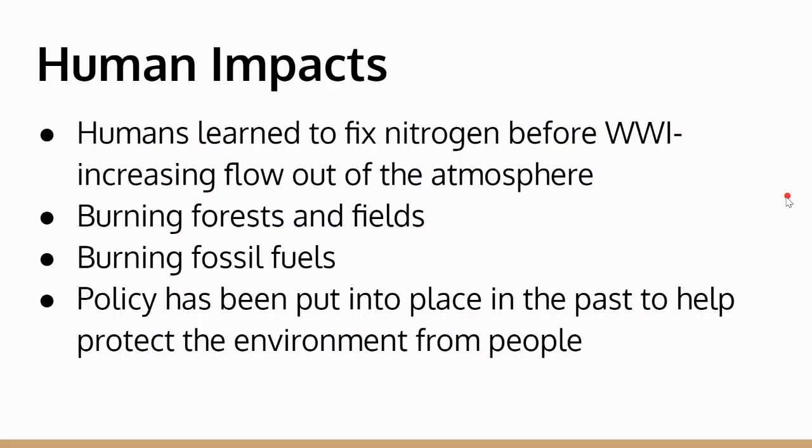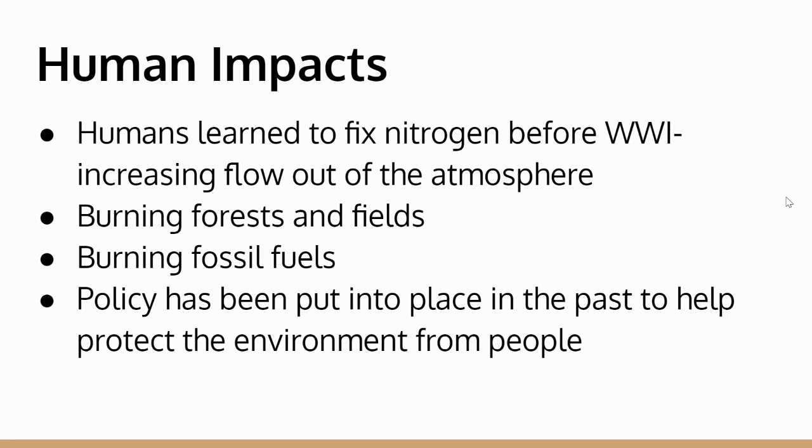So human beings do have an impact on the nitrogen cycle. Right before World War One, humans learned how to fix nitrogen. Before, the only things that could fix nitrogen were organisms that knew how to do it, the nitrogen fixing bacteria, but we were able to learn how to fix it ourselves in the lab.